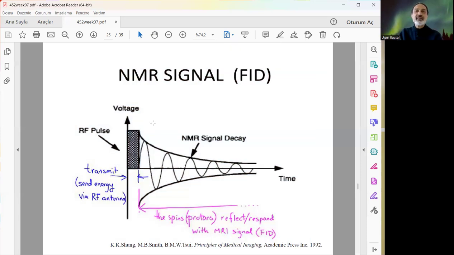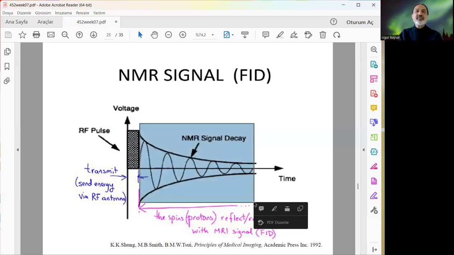So this is basically the free induction decay. It freely decays exponentially, it is attenuated, and the signal carries lots of information in terms of its frequency, its decay constant, phase.